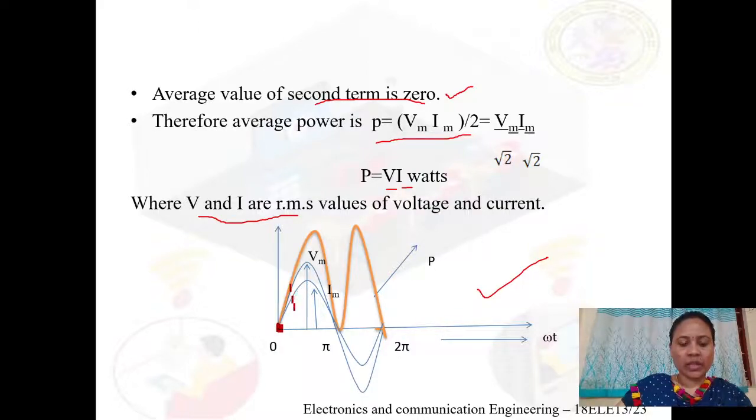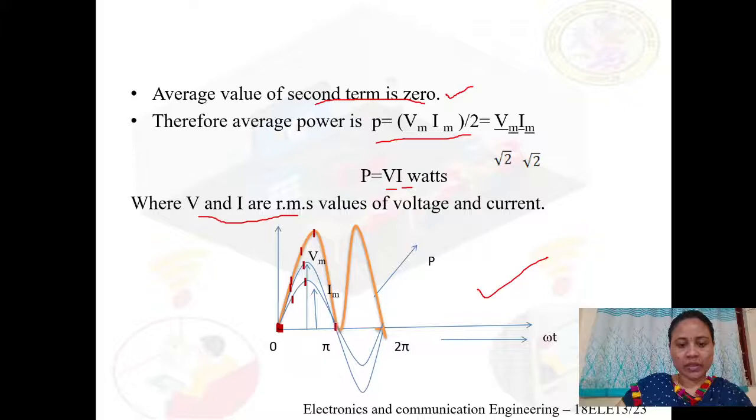Therefore V into I, let us take current amplitude as 2 and voltage amplitude is also 2. 2 into 2 becomes 4 here. Let us take it as some 4 and 4, so it will be 16, and also here it is a double value product.